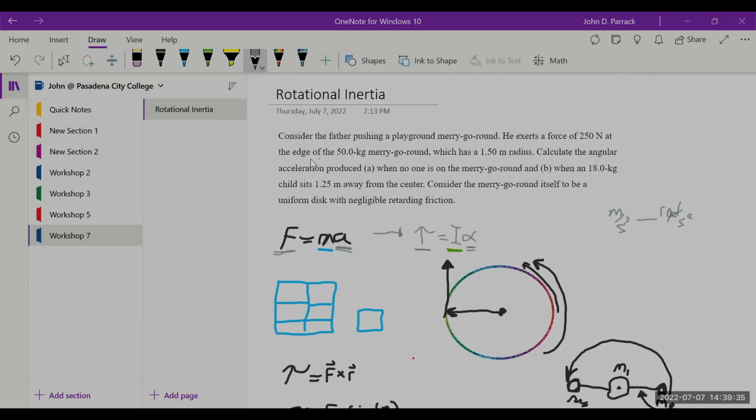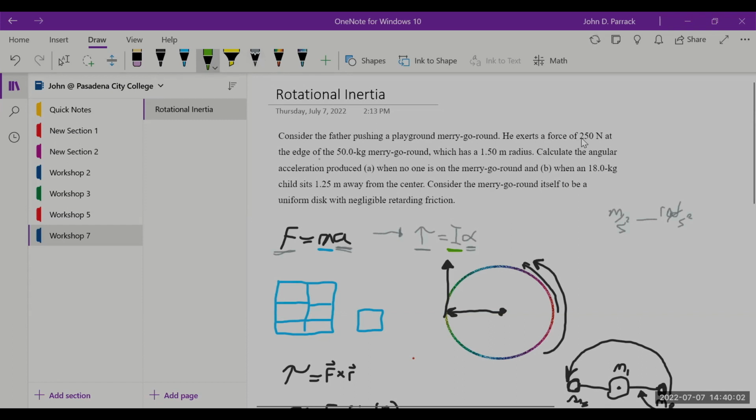Okay, so we said consider a father pushing a playground merry-go-round. He exerts a force of 250 newtons at the edge of the 50-kilogram merry-go-round. It has a 1.5 meter radius. Calculate the angular acceleration produced. That's part A: first, when no one is on the merry-go-round. So let's first just do some underlining here.